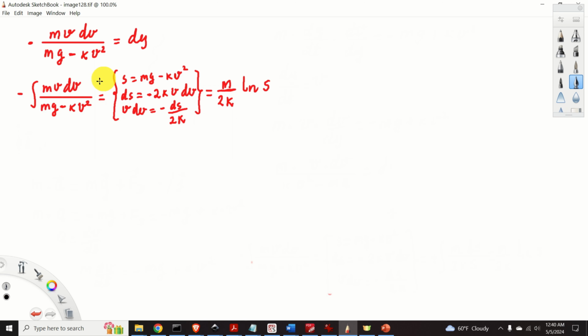Over here, for clarity, I repeated the last two equations. We started from this equation, then we integrated the left-hand side, and we obtained this equation. If I now substitute s over here, I will have m over 2k ln of s, and s is mg minus kv squared.